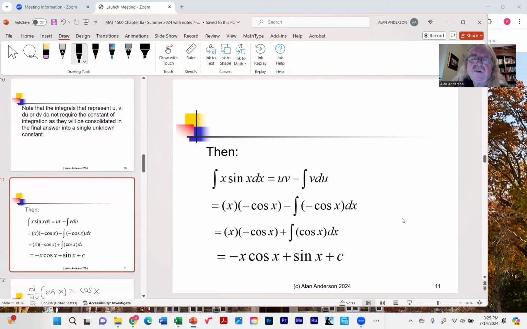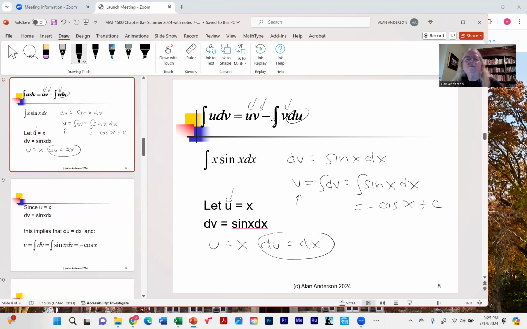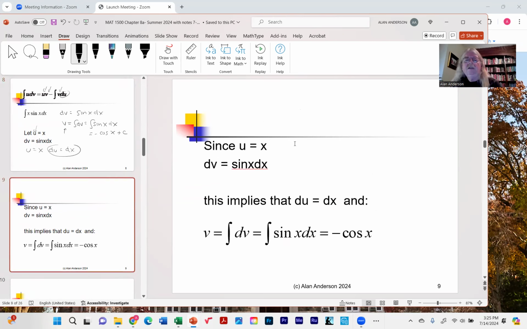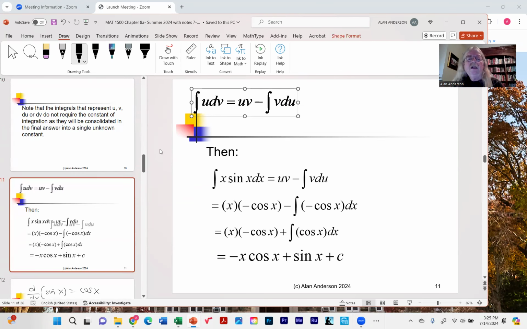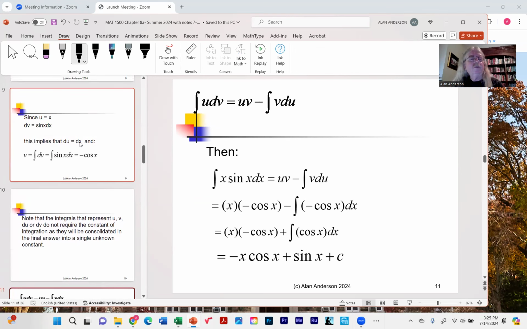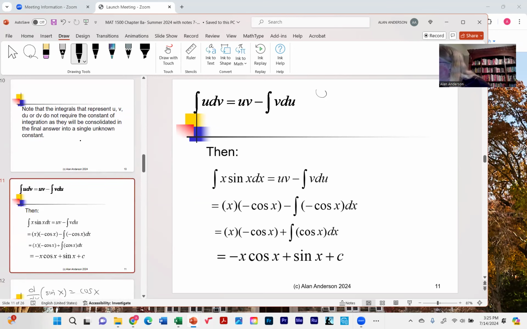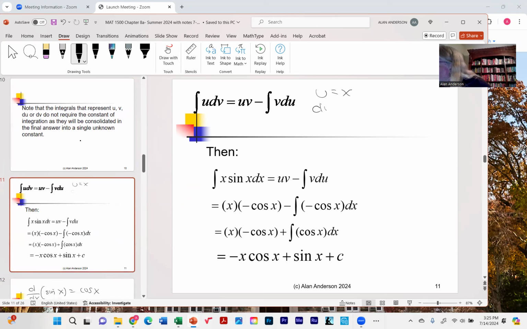So let's gather up all the information we have. First of all, let's remind ourselves what the rule looks like, so we can see it all in one place. And just a quick reminder, u is x, du is simply dx. By the way, here's one thing you've got to watch out for when you're writing this definition. U's and v's can start to look like each other if you're not really careful.